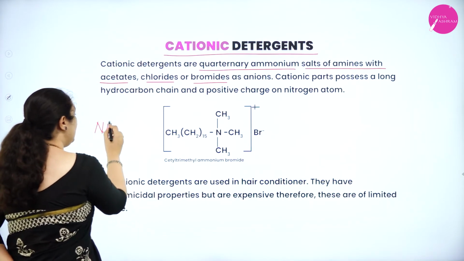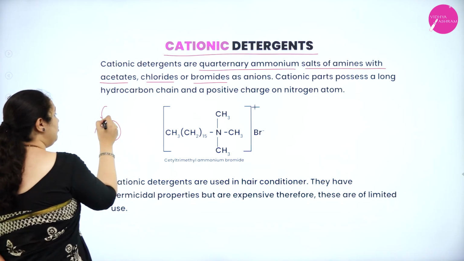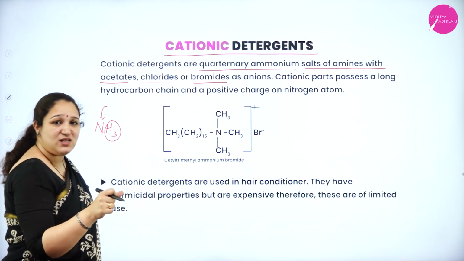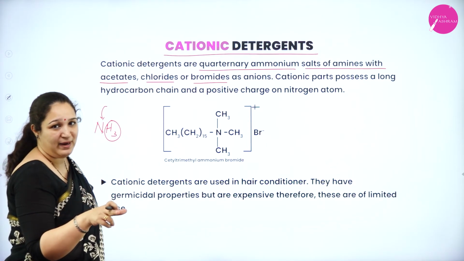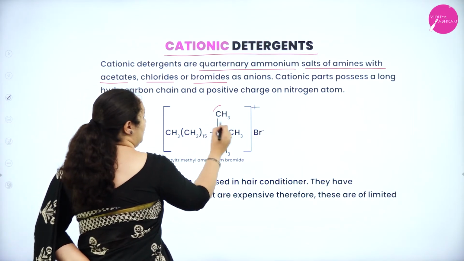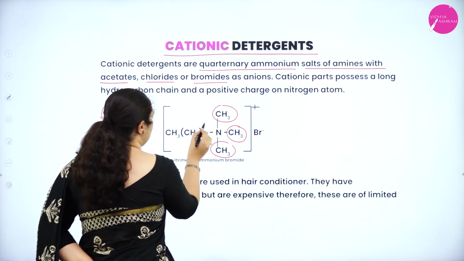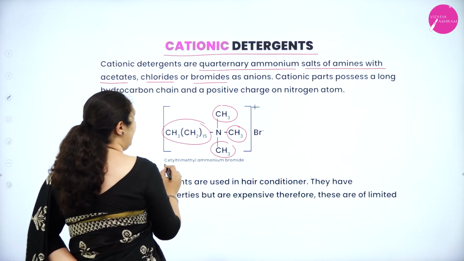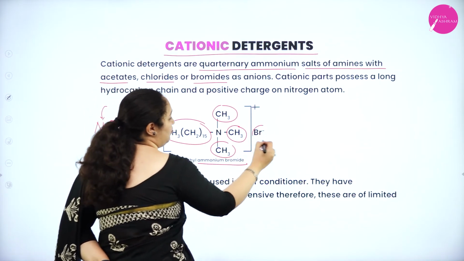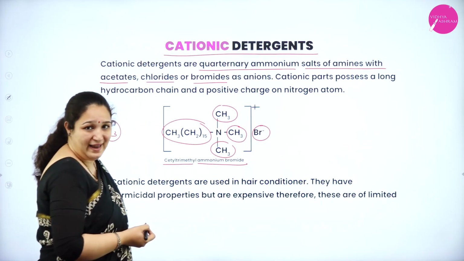All the hydrogens are removed and alkyl groups are added. Then we call it a quaternary salt of amine. Correct? So here we have 4 hydrocarbon groups attached. So this is cetyl trimethyl ammonium with bromide ion as the anion here.